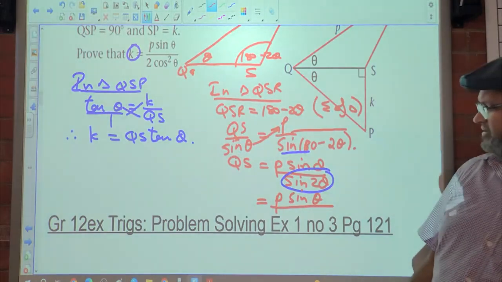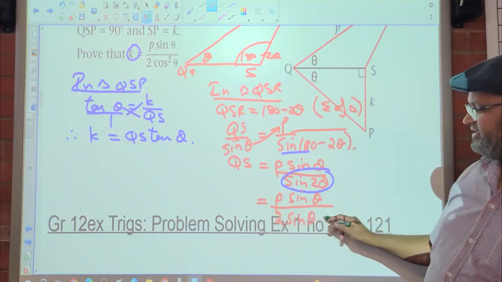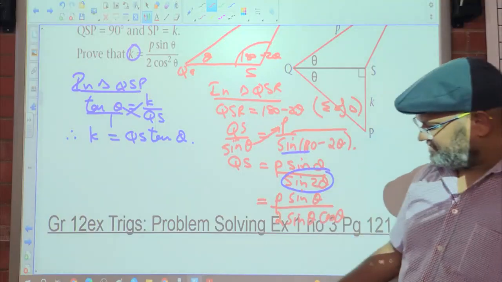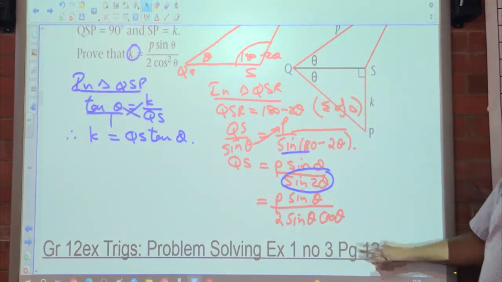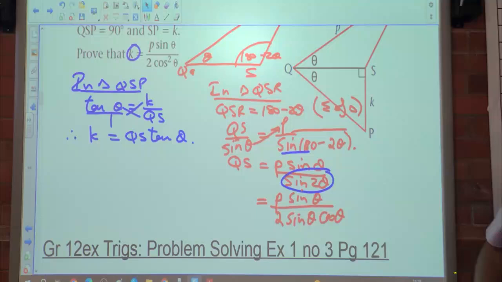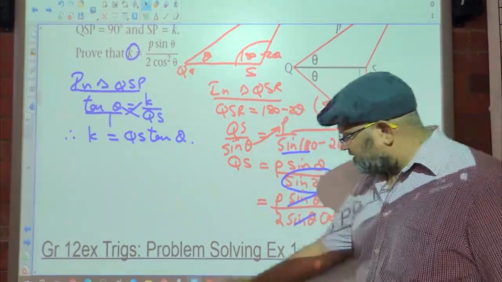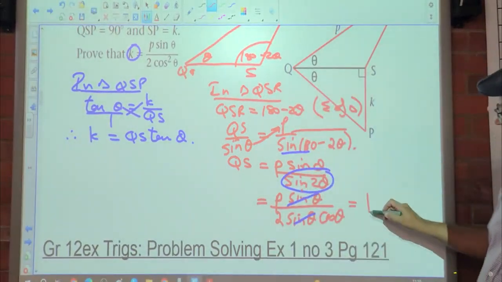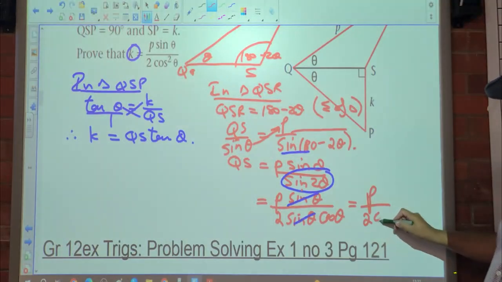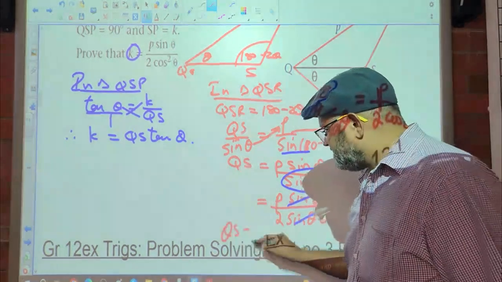Say it. 2 sine theta cos theta. Don't you guys know this? Yes, people, that cancels. Leaves you with what? That being equal to P over 2 cos theta. Whatever answered that question, that's what QS is equal to.